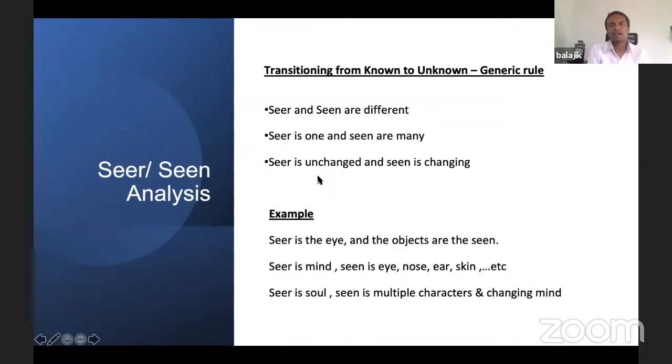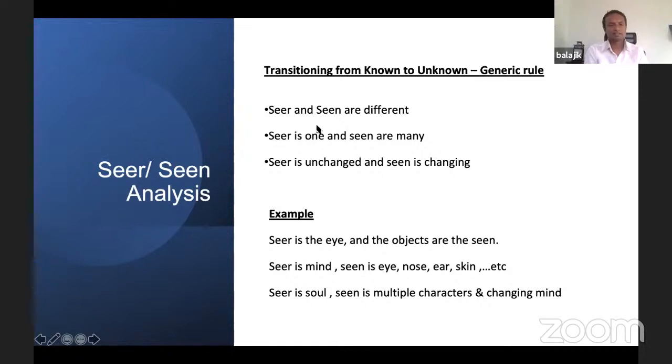Those things are many. So here the soul is definitely different from the mind, and also the soul is not changing, but the mind is definitely changing. Its characters are changing.